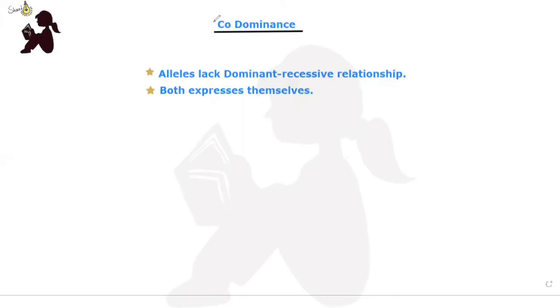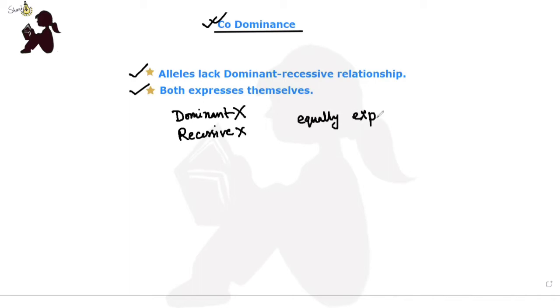Our next topic of discussion is codominance. In codominance, alleles lack a dominant-recessive relationship and both express themselves. So here none of the alleles is dominant and none is recessive; both are equally expressed.